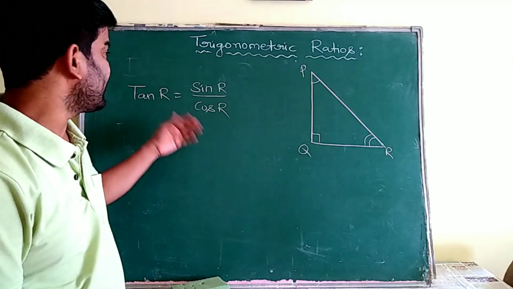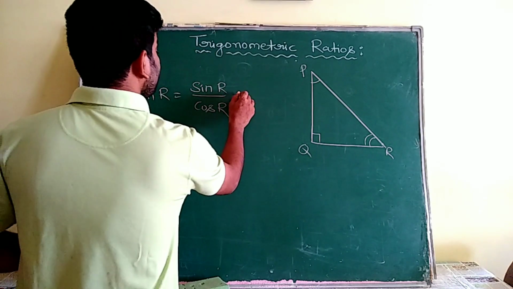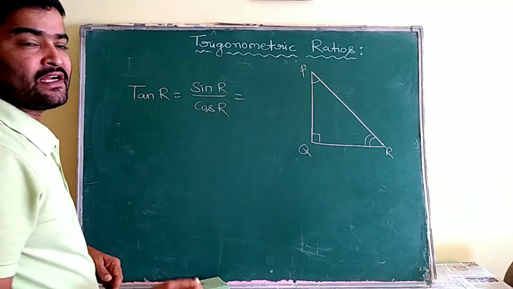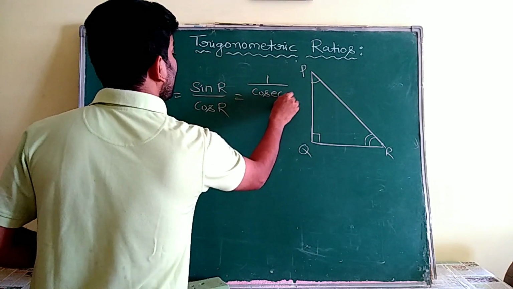As we discussed, tan R is equal to sin R by cos R here, and we know that sin R is expressed as 1 by cosecant R. Why?